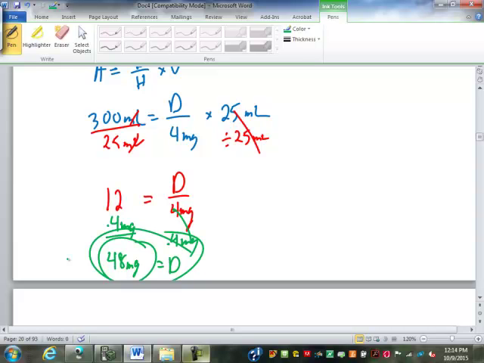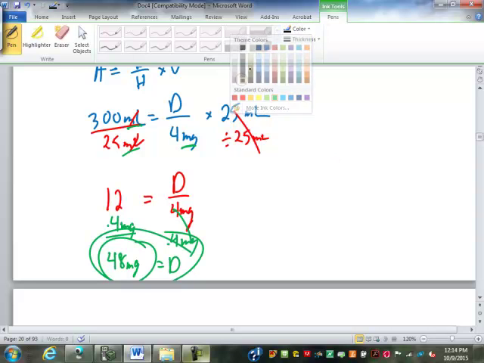Now, one thing to make sure you get used to, you'll notice here in these calculations, I did include the units at every step, and I worked with the units at every step. That is something to get used to, especially if you are in the nursing program or going into the nursing program. I'm going to get very picky about that. And it can be very critical.